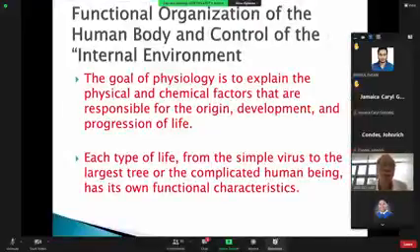The goal of physiology is always to explain the physical and chemical mechanisms of our body that are responsible for the origin, the development, and progression of life.